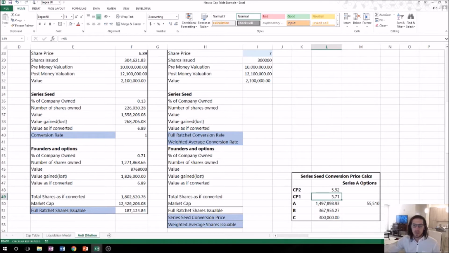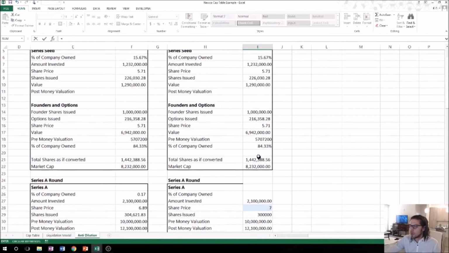All right. So after we do that, we're going to go down here to the Series Seed conversion price and simply reference CP2, just for continuity. Then we're going to do weighted average shares issuable. The weighted average shares issuable is calculated very similarly to the full ratchet shares issuable, except we're going to use the Series Seed conversion price.